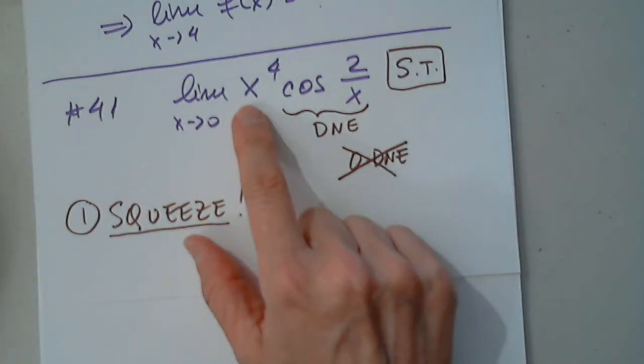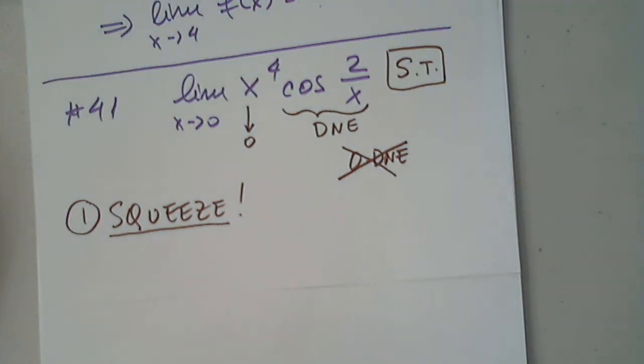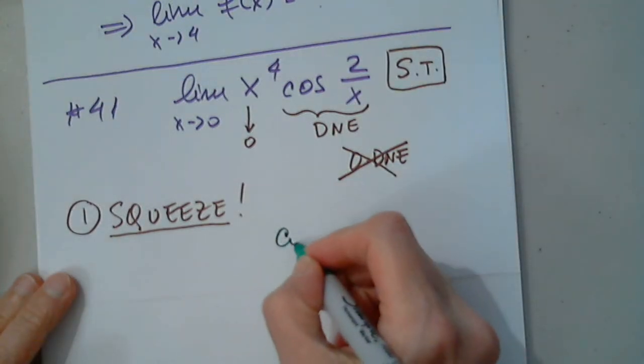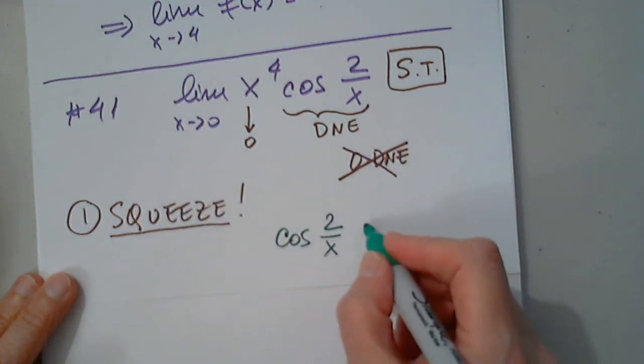So I don't know much about x to the fourth, but I do know something very important about cosine. And we're talking about bounds, boundaries. So do we know anything about cosine? Any cosine? Here's your hint.